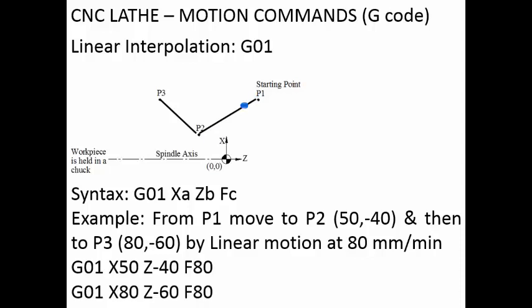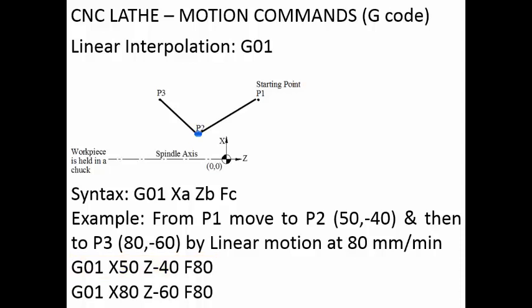So the first motion is P1 to P2. So you have to move along a straight line. So we will write it as G01, X50, Z minus 40. So 50 and minus 40 are the X and Z coordinates respectively. Then we are writing F80 because 80 is the feed rate at which the tool has to move, 80 millimeter per minute. So the tool will move from P1 to P2.